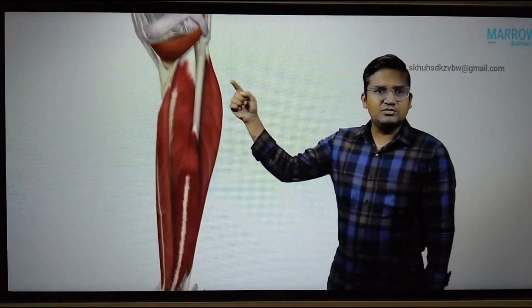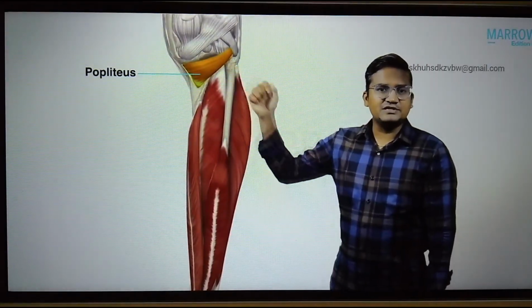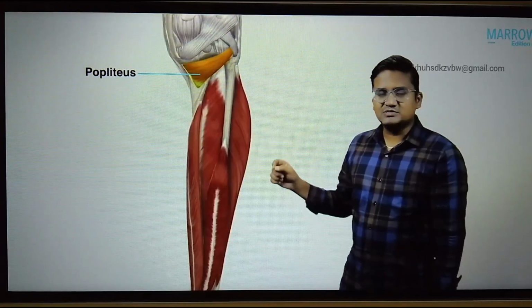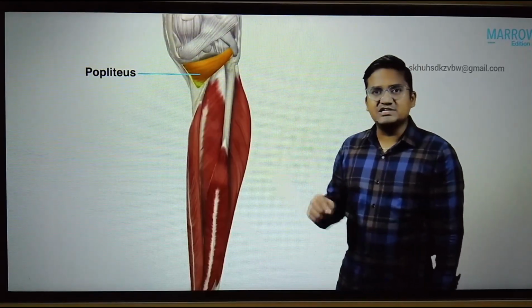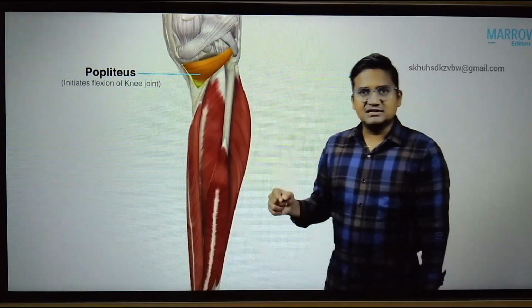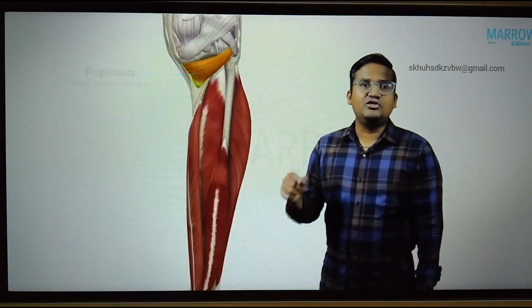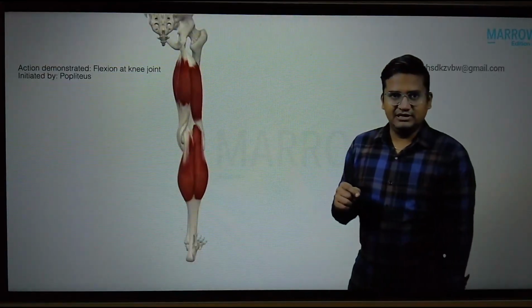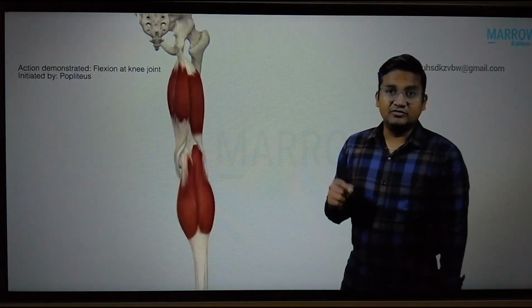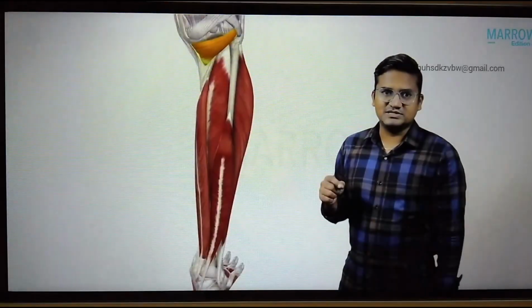Now we are also seeing one more muscle there, that is our popliteus muscle. The popliteus muscle crosses the knee joint backside. This muscle initiates the flexion of the knee joint. See the video? It is bending the knee, flexion of knee, popliteus muscle.